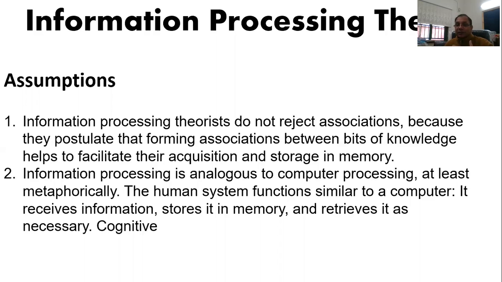So when we learn something, that means we are creating a file, we are constructing a schema, and as we learn more information, we keep on adding, what we call assimilation, accommodation, generalization, and then associations as well. So that is the idea which is still valid in information processing theory.